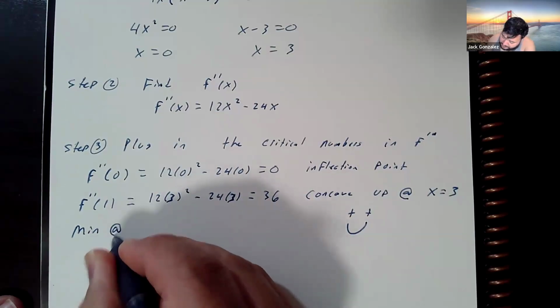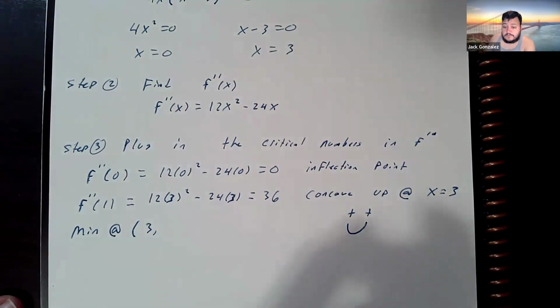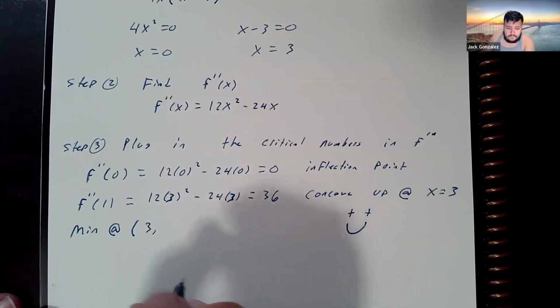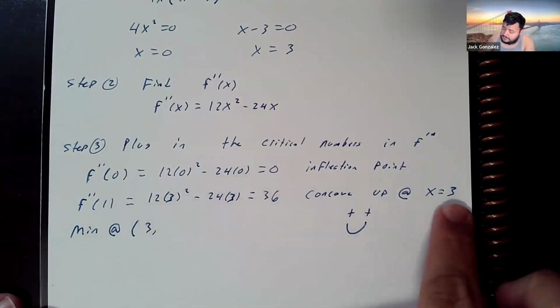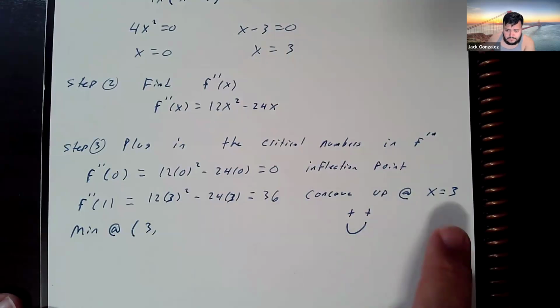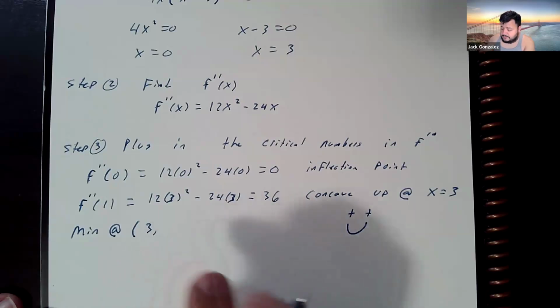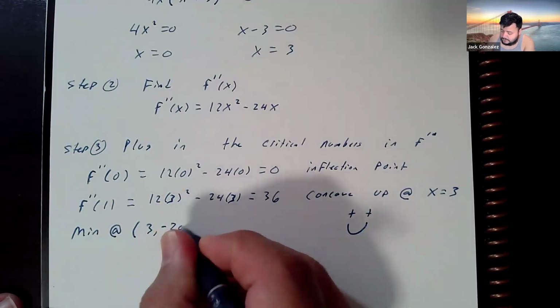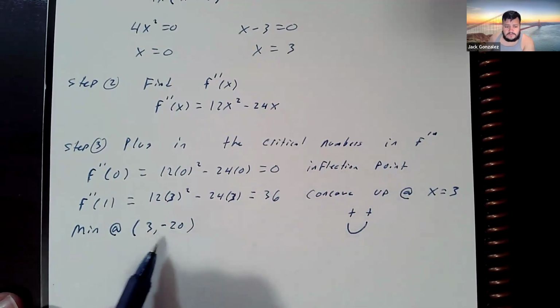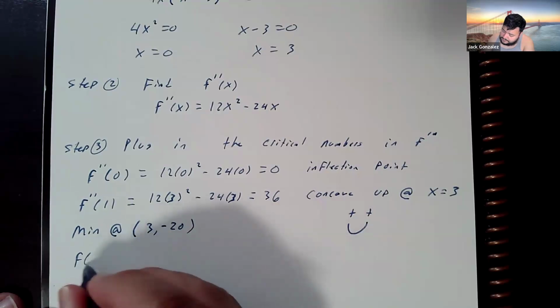The whole goal is to find a minimum using your second derivative. We know it's going to be a minimum because it's opening up, it's concave up at 3. To get the other value, you got to plug it into the original. I did this part earlier, but you want to see it, it's this.